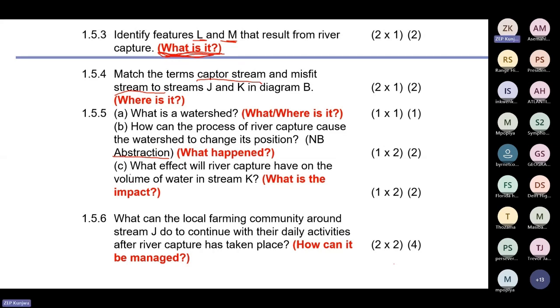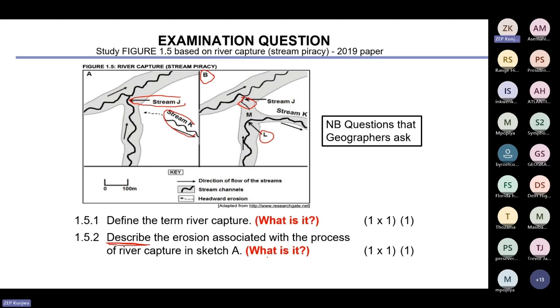And then now at C, what effect will the river capture have on the volume of water on stream K? Let's go check stream K. Stream K again is the stream that has stolen water.